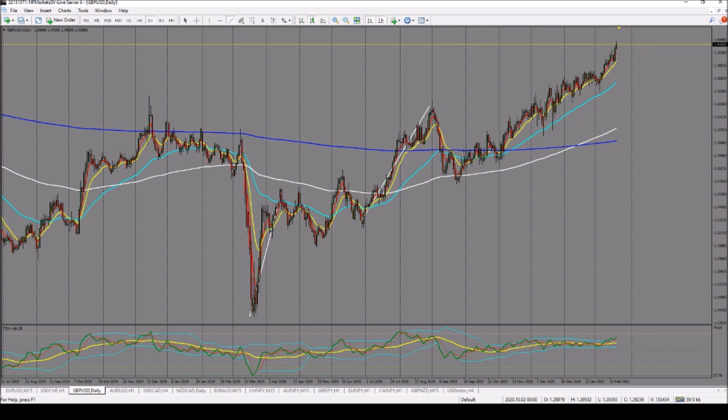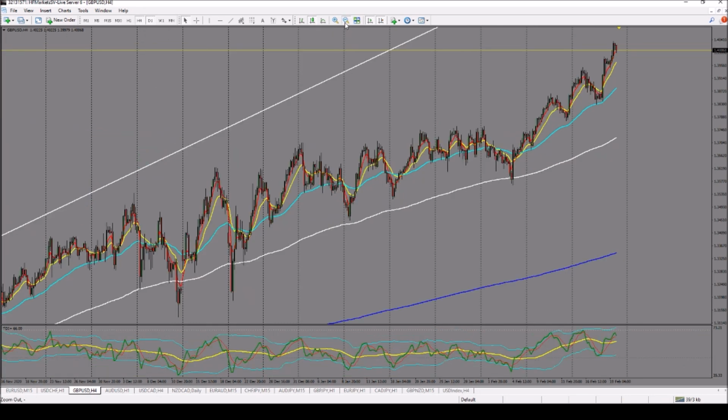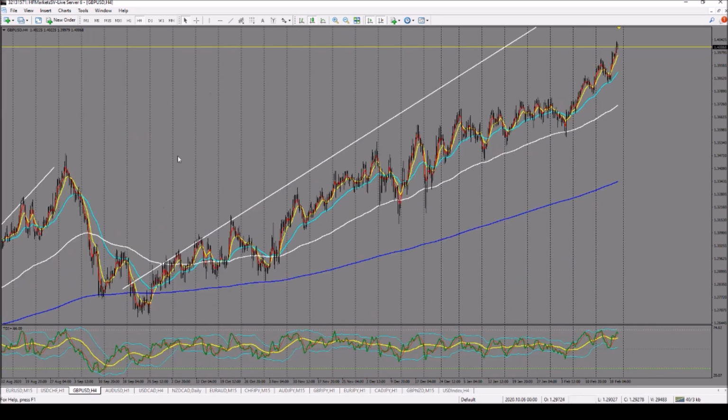Then from this point we now have a choppy rise of price. So going on the H4 time frame, we can see that we have had the first impulse, a reset, the second impulse, a reset.